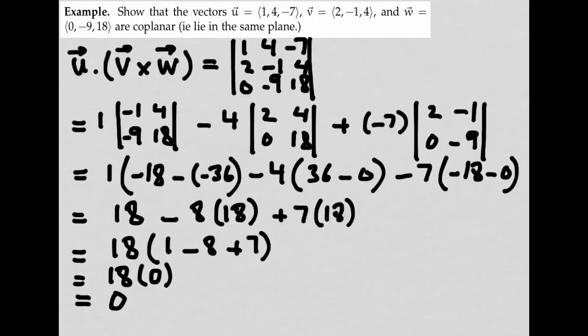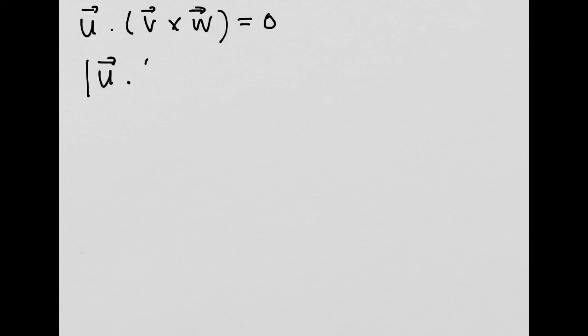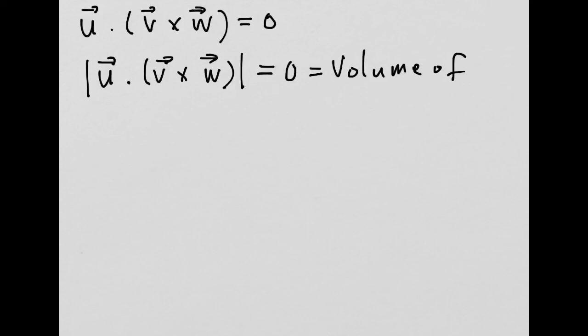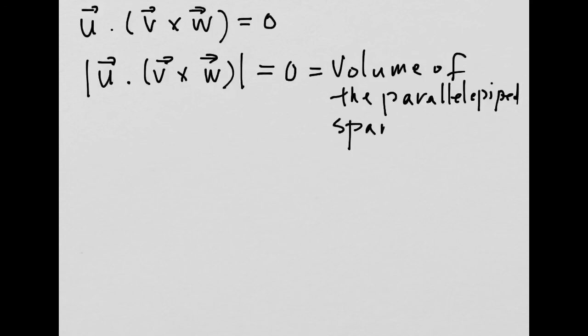So we found that u dot v cross w equals 0, which means that the absolute value of u dot v cross w equals 0, but that's the volume of the parallelepiped spanned by u, v, and w.